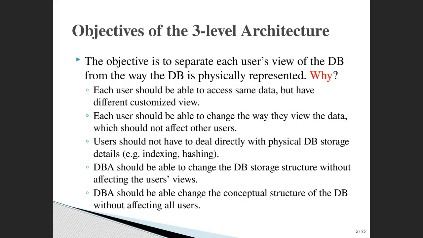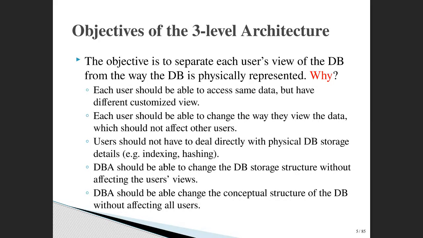Now, why do we have to use the three-level architecture? What's the reason? We know that the main aim or the main objective for having a three-level architecture is to separate each user view of the database from what? From the physical representation of the database.